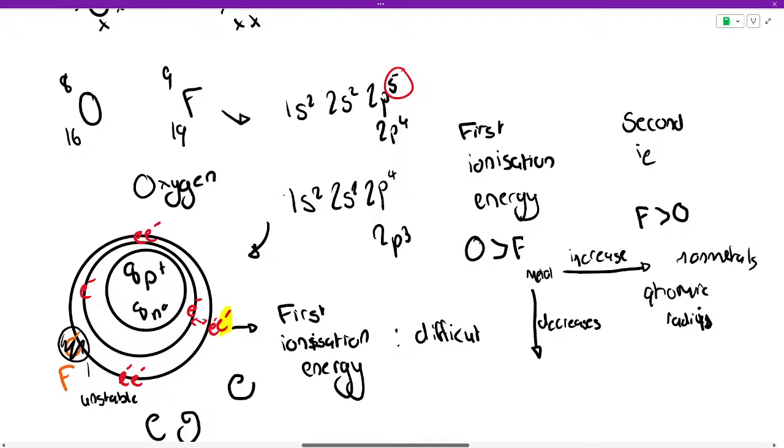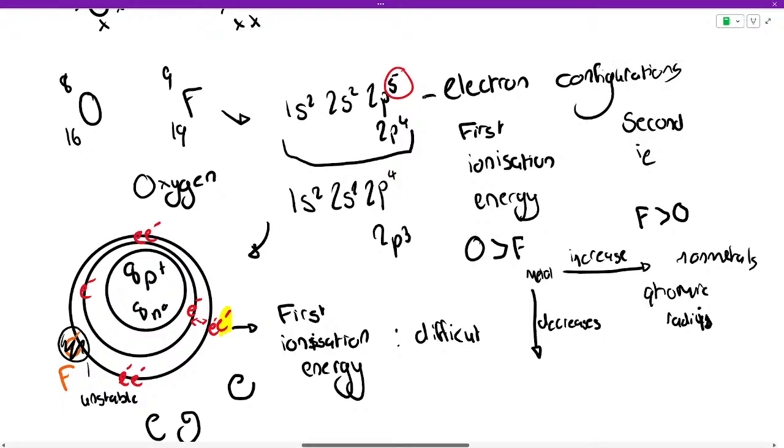So when you look at it, get it into this notation here. Let me just find what it's called. Oh, this is called electron configurations.